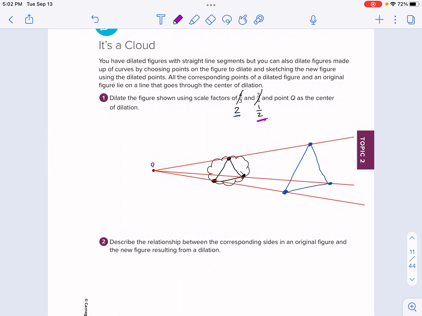I think that this point right here is roughly halfway between the tip of my triangle and Q. So that's one. From the next one here to here, I think roughly in between is probably right here. And then from Q to this point here, I think halfway, it's got to be somewhere right here.